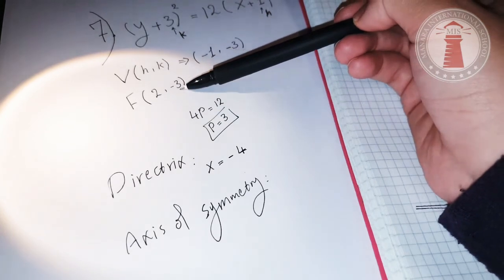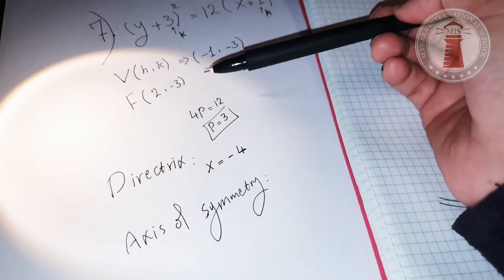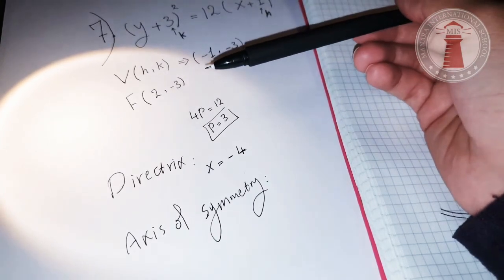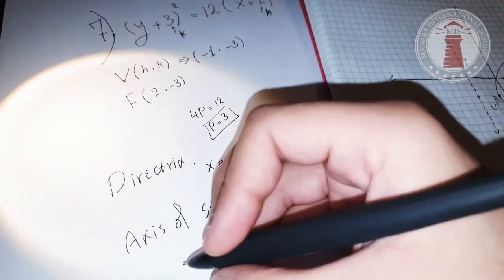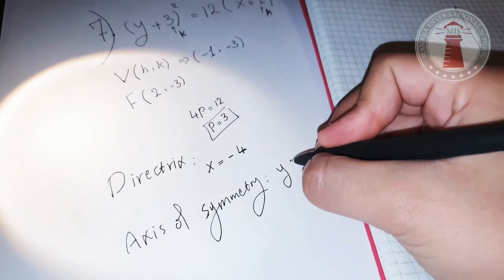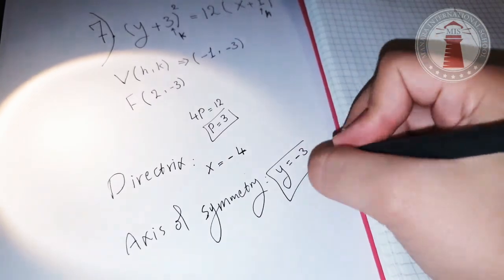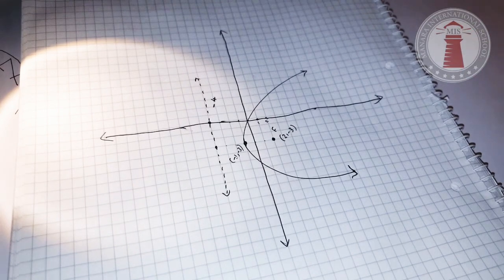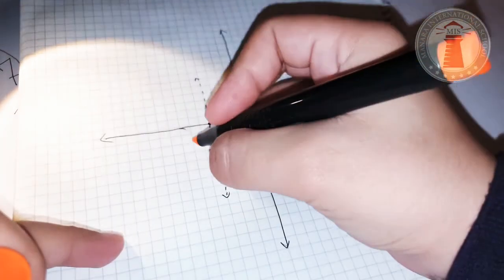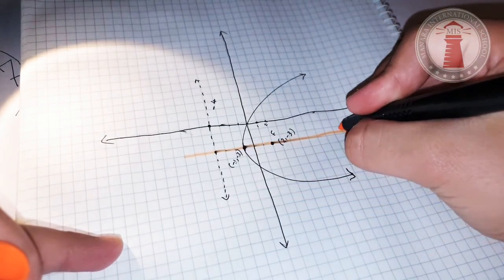In the focus, the y coordinate is -3. So the axis of symmetry is -3. It's a line that crosses -3 on the y-axis, which means it is the line y equals -3, which is this line right here. This is the axis of symmetry.